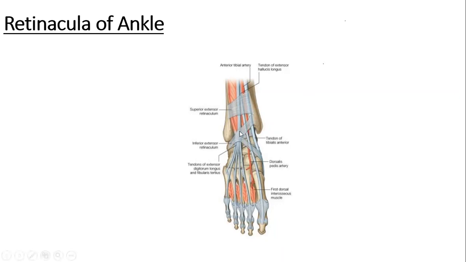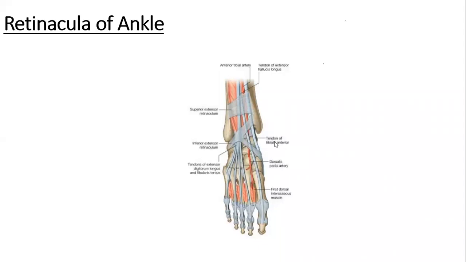Second very important retinaculum in the region of the ankle is inferior extensor retinaculum. It is Y-shaped, having two limbs and a stem. The stem of this retinaculum gets attached to the calcaneum, whereas the upper limb gets attached to medial malleolus, where it splits into superficial and deep layers in order to enclose the tendons which are passing through or underneath it to form compartments for those tendons.